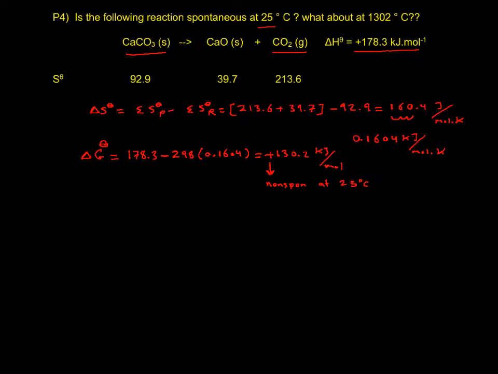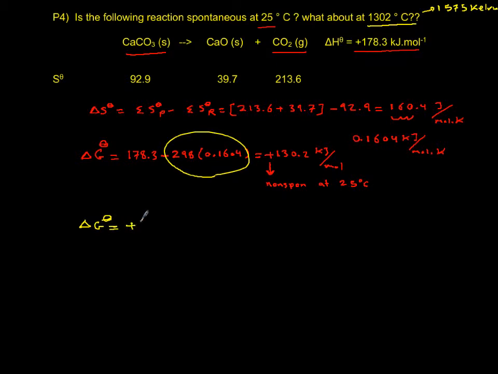Now let's just change the temperature to what they're asking us. Add 273 immediately to this, so you get 1575 Kelvin. Let's calculate delta G now. Temperature has increased, so this quantity gets larger, and hopefully it's a larger negative number.